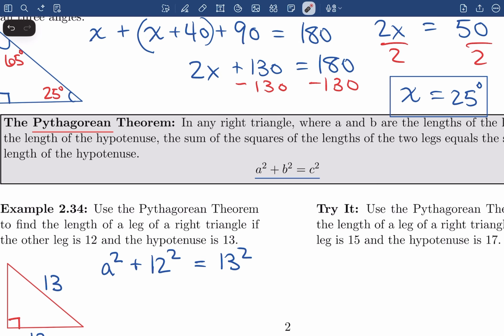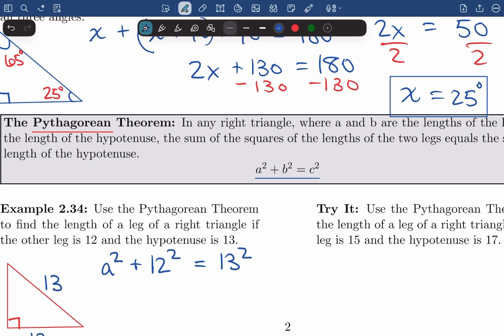To do it, first I would subtract 12 squared from the left-hand side to the right-hand side. I can now rewrite everything as a squared equals 13 squared, which is a perfect square, 169, minus 12 squared, which is also a perfect square, 144.